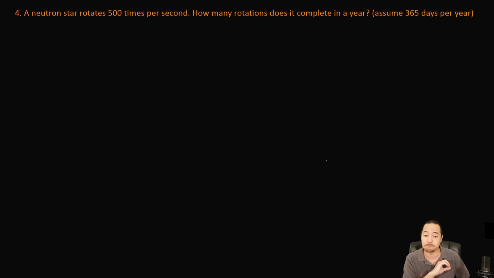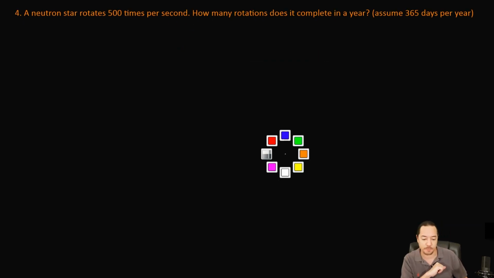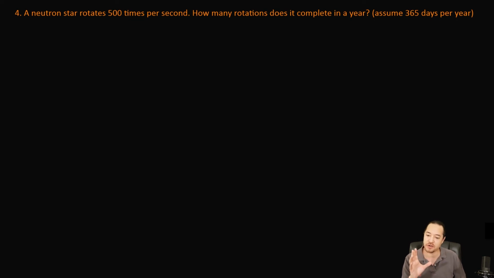Okay, question number 4. A neutron star rotates 500 times per second. How many rotations does it complete in a year, assuming 365 days for a year? So neutron stars are these very, very compact stellar bodies. They used to be very large stars, but they've blown off their outer gaseous envelope.